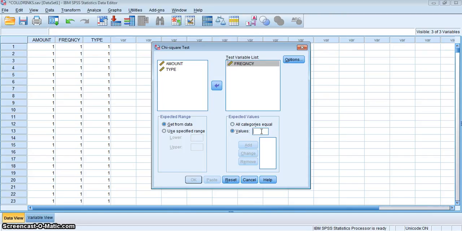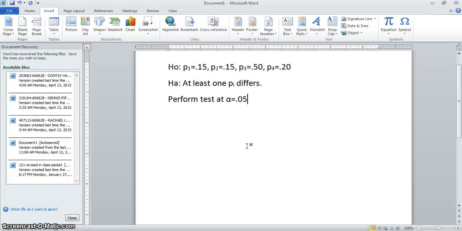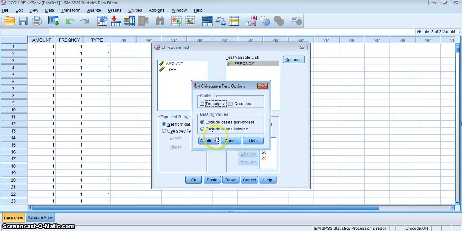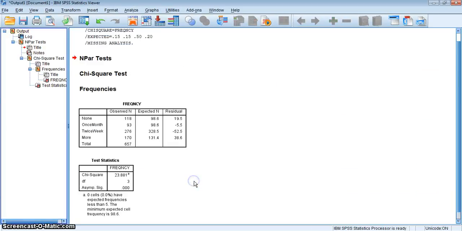So category 1, that proportion goes in first, and that's 0.15, and then you add it, and then 0.15 again for the next one, stays the same, and then you add it, and then the next category was 0.50, and then 0.20, and that's where we got them in that order: 15, 15, 50, 20. And then that's it. I mean, the options, if you want descriptives, but we don't really need any of this. So we just say okay.